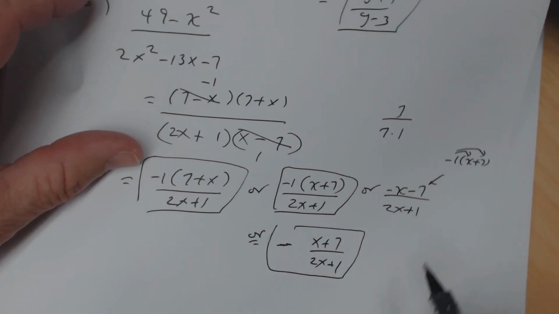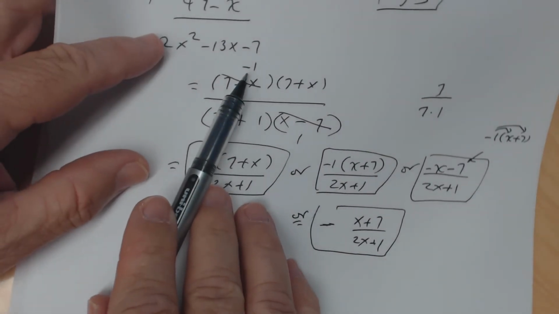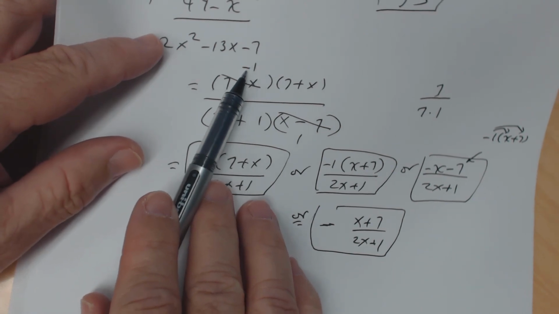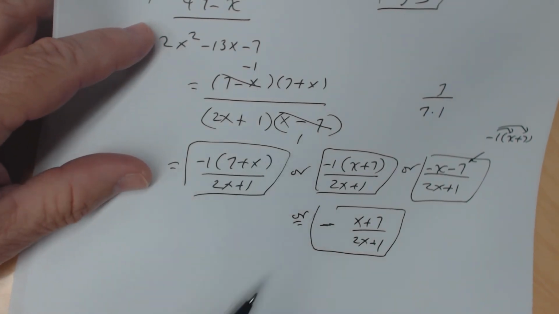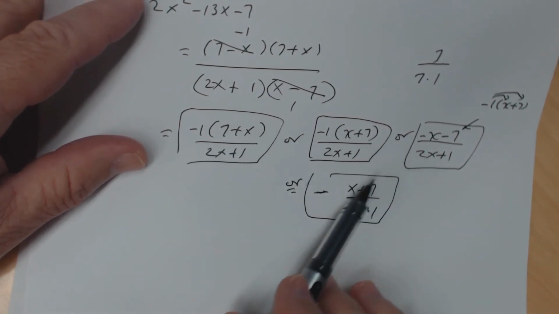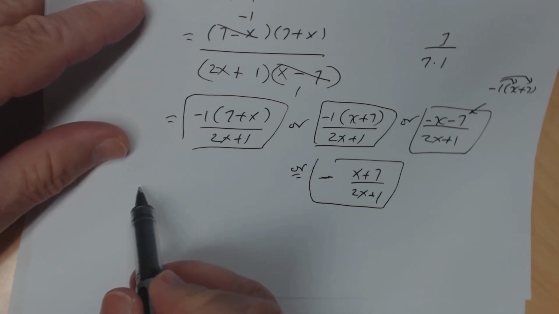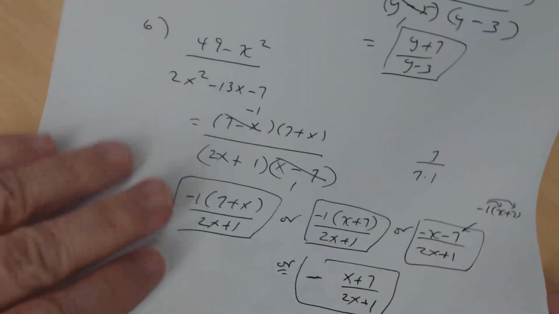So those are all possible answers. I could have also, instead of having negative 1 up here, I could have had negative 1 out there, and you'd have a whole new set of answers. But they're all the same thing. Okay? So, in other words, let me go ahead and do that here just to show you.